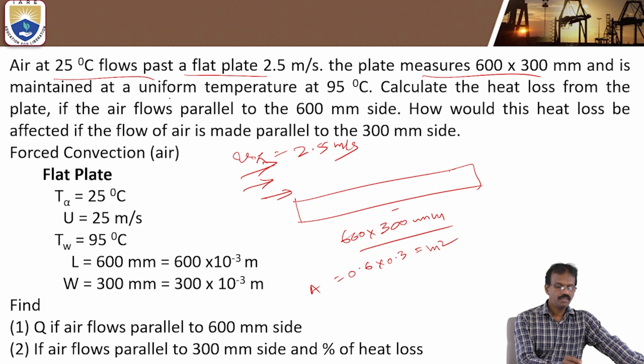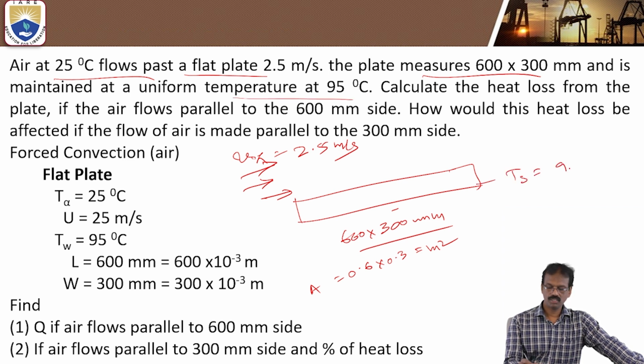It is maintained at a uniform temperature Ts equal to 95 degrees Celsius, and calculate the heat loss from the plate. It means you have to find out the Q value.